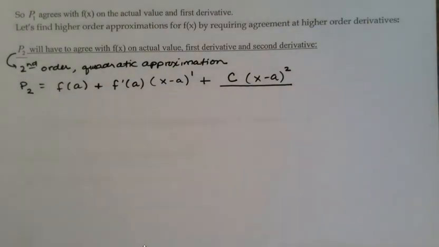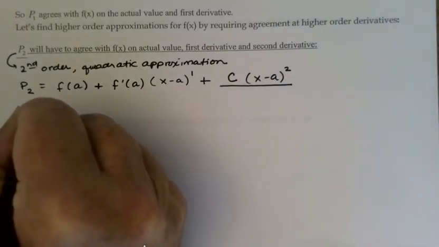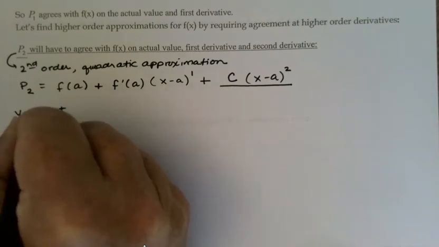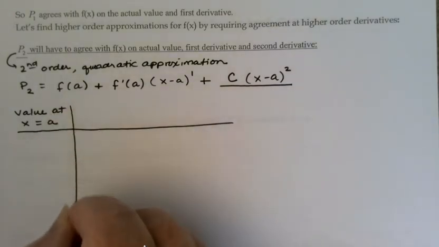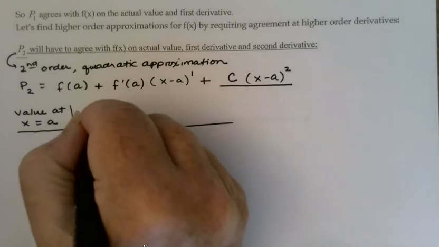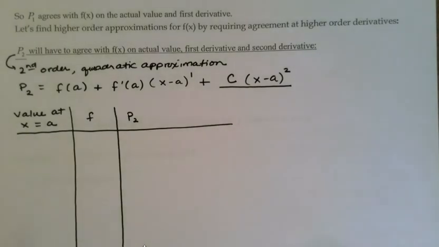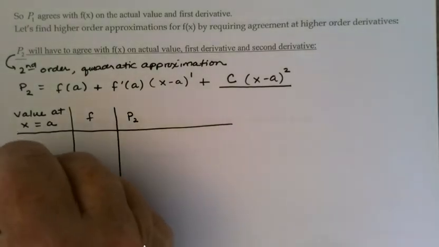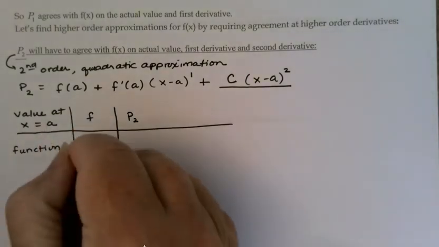All right, so I'm going to make another little chart, kind of like the one we had on the previous page. We're going to look for the value at x equal a, for f, and then for P2. For the function itself, if I plug in x equals a, of course I'm just going to get f of a.